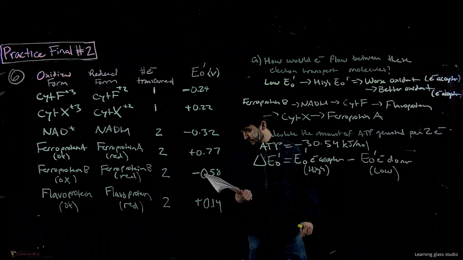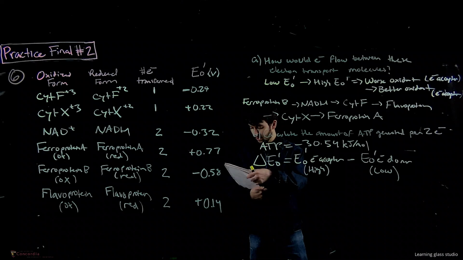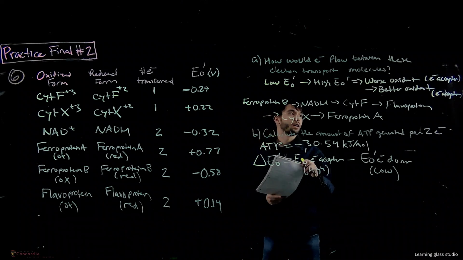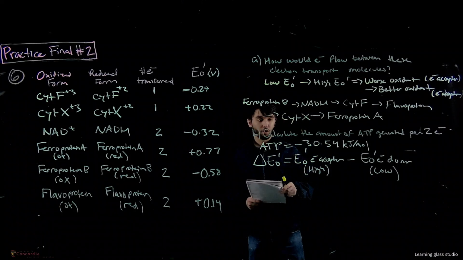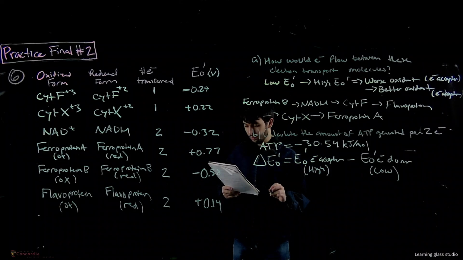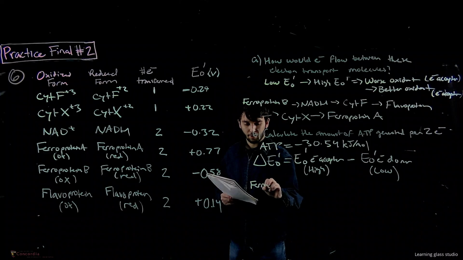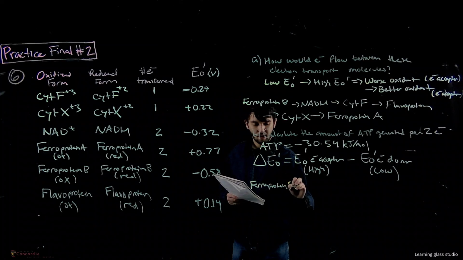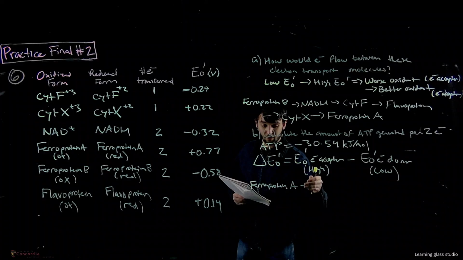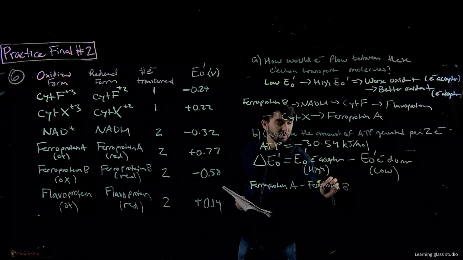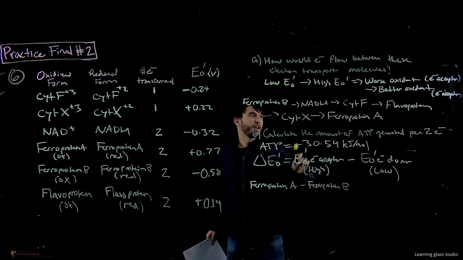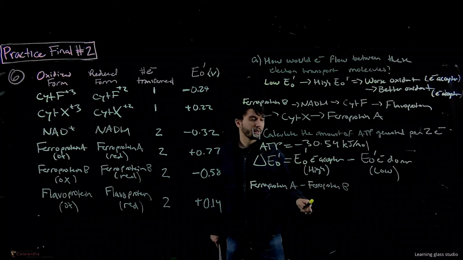But yeah, so we know the best electron acceptor here is ferroprotein A. So here we would do ferroprotein A minus ferroprotein B, because ferroprotein A is the best oxidant, best electron acceptor.